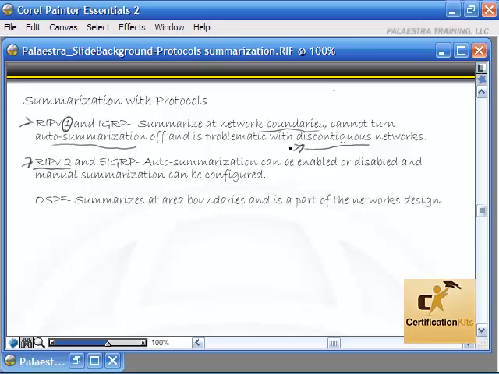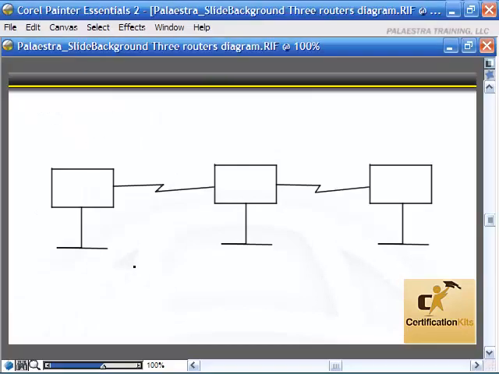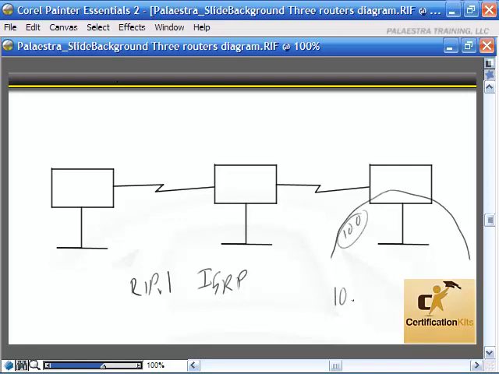Let me bring up a diagram so I can explain what I mean by these discontiguous networks with RIP version 1 and IGRP. Let's say over here there are like 100 subnets coming off of this router, and all of these subnets are represented by the 10.1.0.0 network. So we've got 10.1.1.0, 10.1.2.0, 10.1.3.0, all the way up through 10.1.100.0.